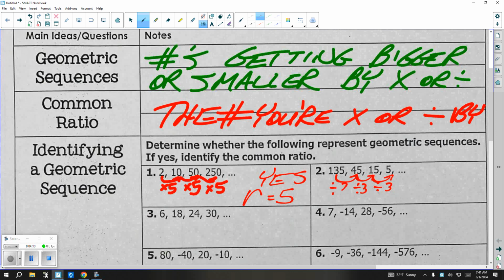So I started with the small numbers. So is this one? Yes. But for the ratio, you can't say 3 because we're not multiplying by 3, we're dividing by 3. So we're really multiplying by 1/3. So anytime it's a division, you have to put a 1 on top of it, because when you figure out what you're dividing by, you're really multiplying by the flippy flip of that. The reciprocal.